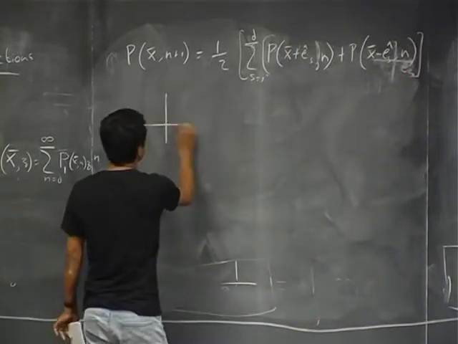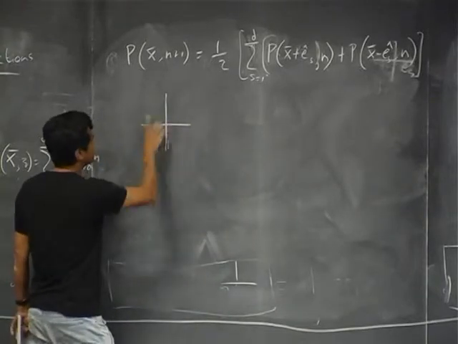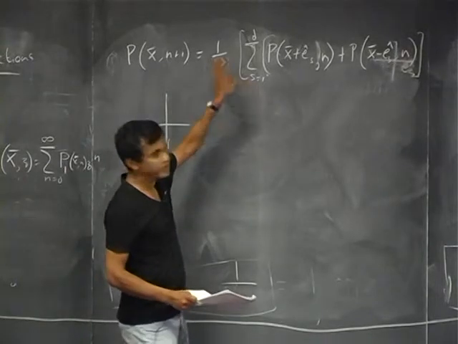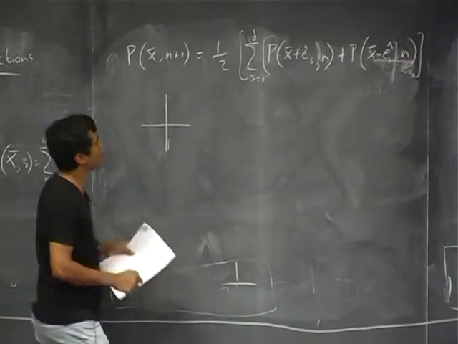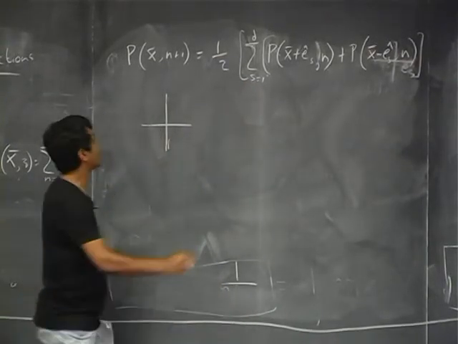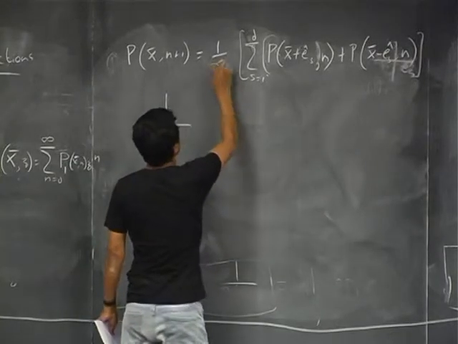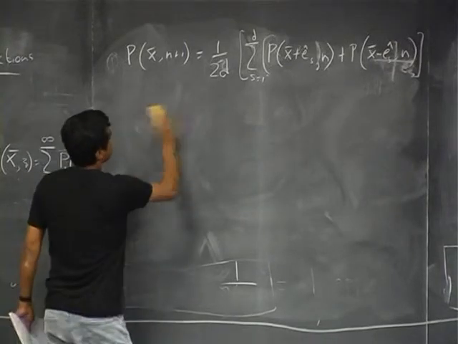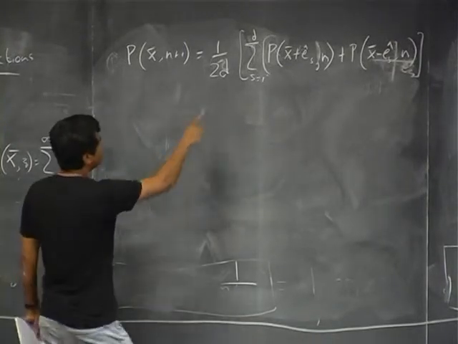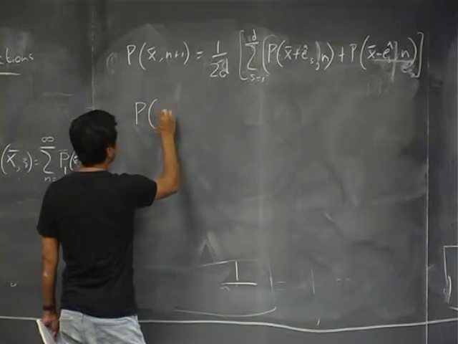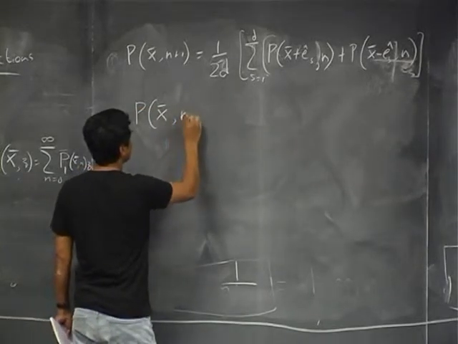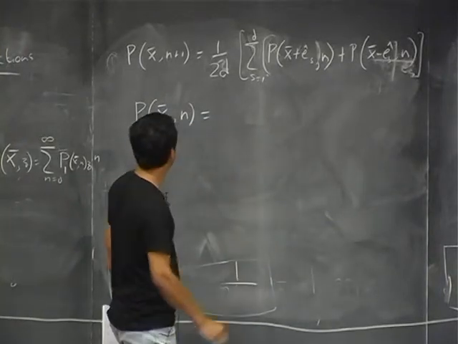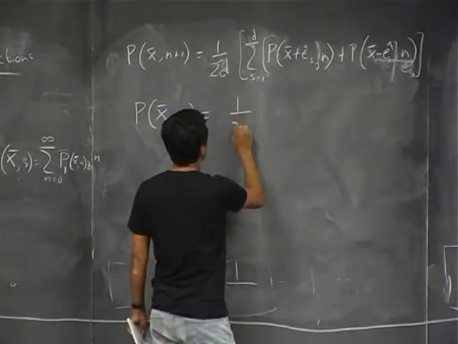Right, so basically the point is that I can come from any of these: in 2 dimensions I can come from 4 directions, and in d dimensions I can come from 2d directions. Now again I will use some basis. I will expand P of x bar and n as 1 by 2 pi.